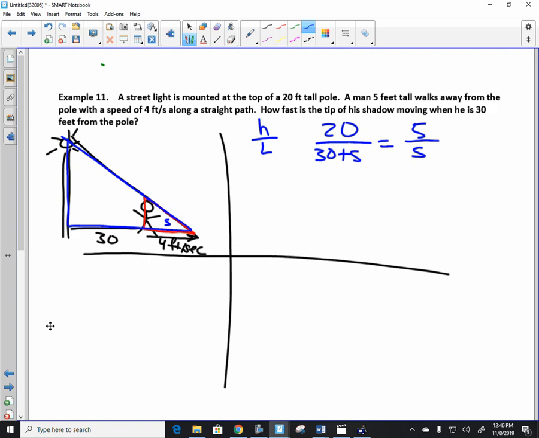Okay, so let's cross multiply. And when we cross multiply, we get 150 plus 5S is equal to 20S. So I get 150 is equal to 15S. Correct? Divide by 15.